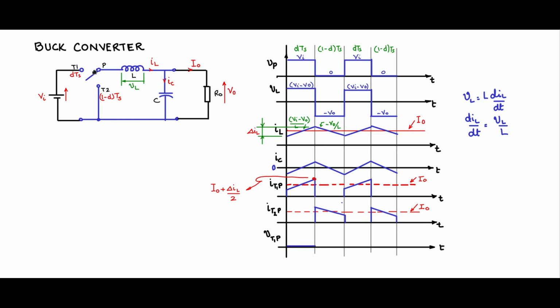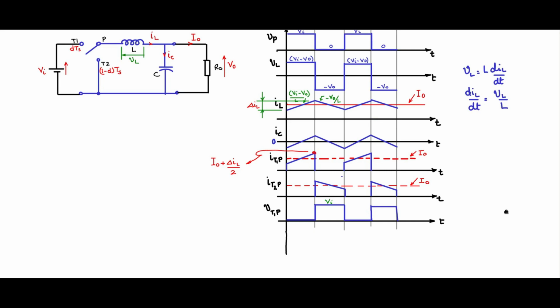During the time DTS when T1P is connected, 0 voltage. When it is not connected, P is connected to T2, so P is at 0 potential, T1 is at VI potential, it has to support VI during the off condition. So this is the voltage across T1P. Voltage across T2P: actually voltage P is more positive compared to T2.